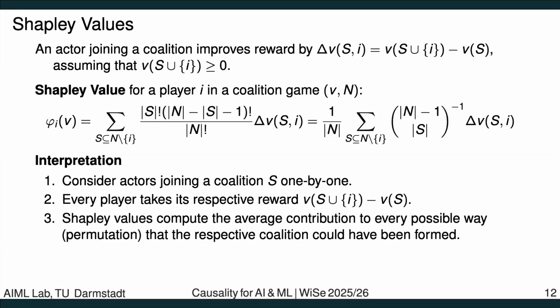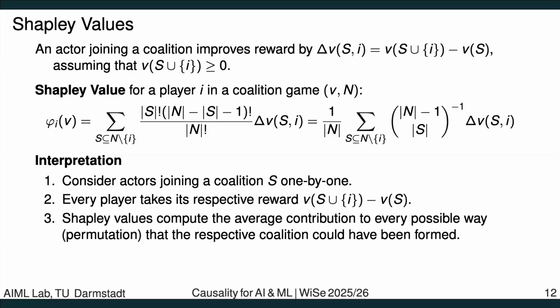And then to even things out, to get some sort of normalized expectation, we also have to look at all the other possibilities where these 3 players join in the beginning, and then afterwards all the other players join. But that's some normalizing term. And in the end, I assign the reward for these 3 players.